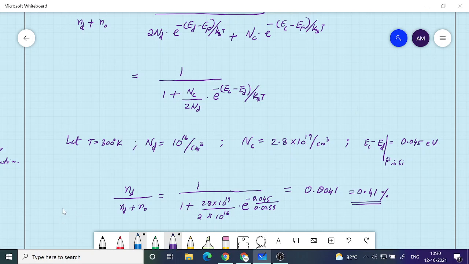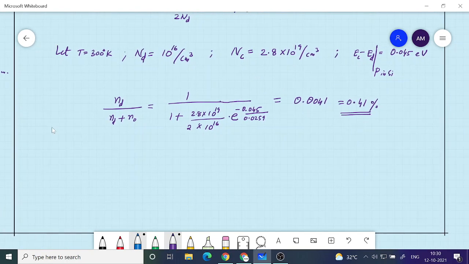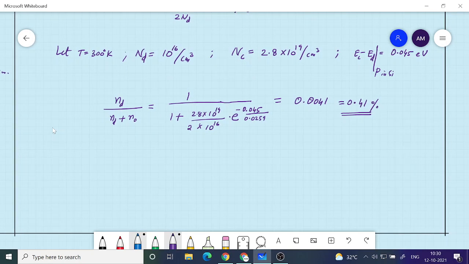That means the occupancy of the donor level is fractionally very, very negligible. Out of the total electrons, if you look at this number, out of say 1000 total electrons, only 4 are in the donor impurity level.